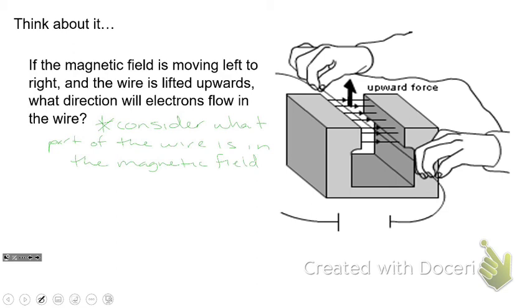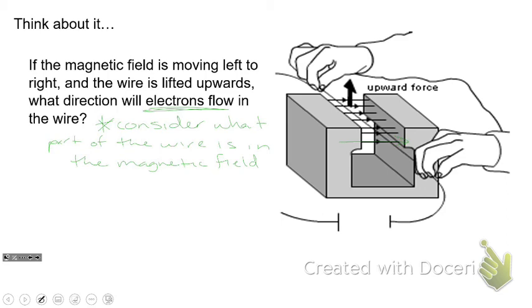So the wire is lifted upwards. Magnetic field goes left to right. What way will the electrons be deflected?